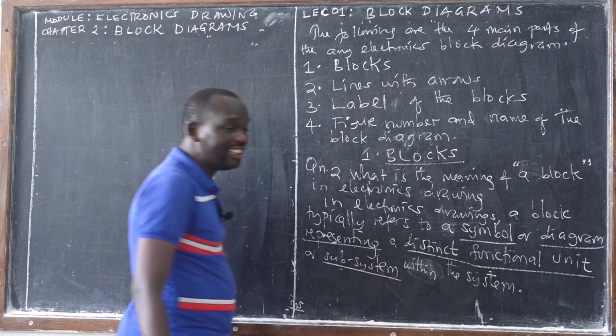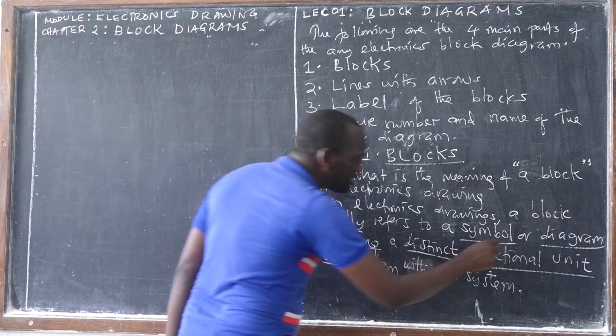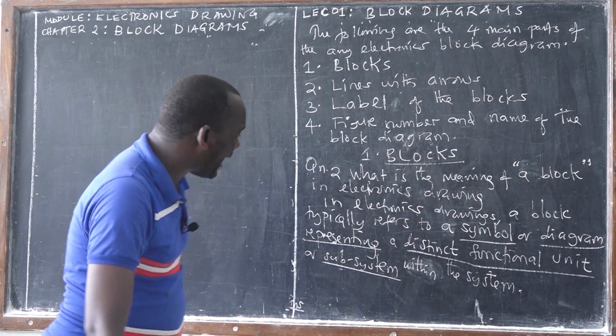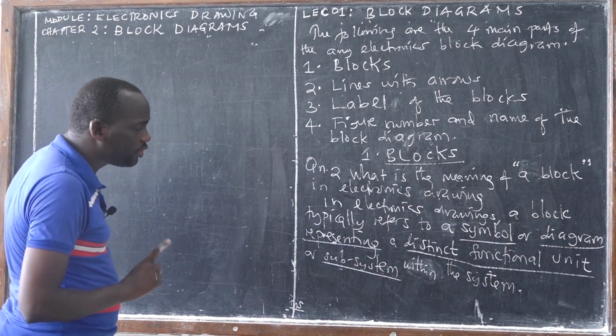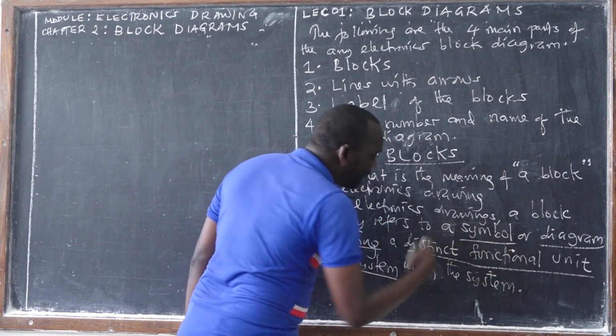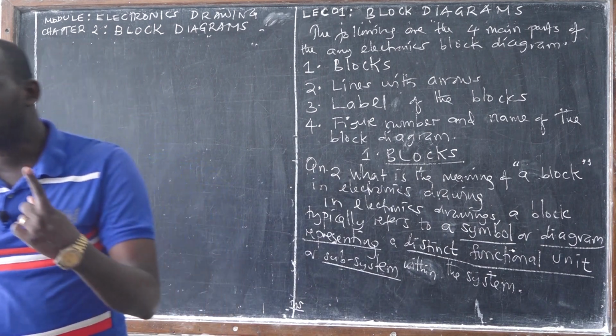So it's a symbol or diagram. Say diagram. So a block itself is a diagram. But this symbol or diagram represents what? A distinct functional unit. Unit means one.